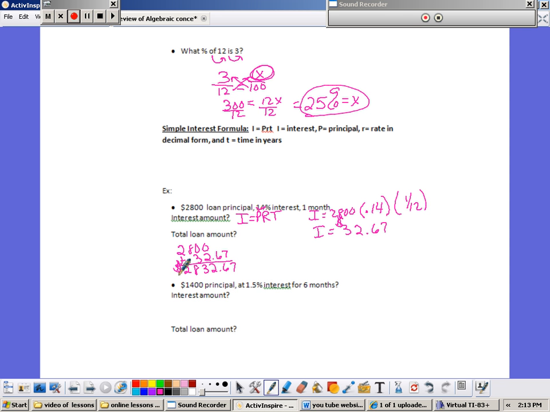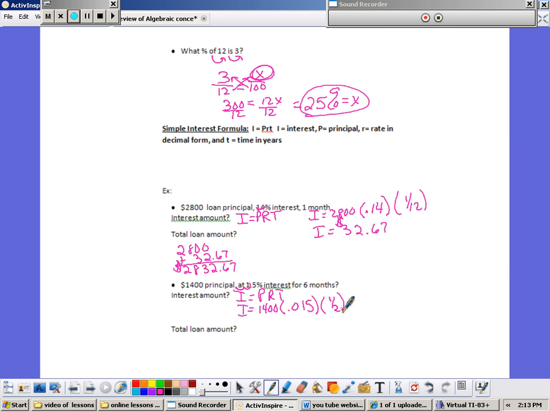The principal amount is $1,400 at 1.5% interest for 6 months. So I equals PRT. I is equal to 1,400. I know this looks like a decimal, but it's still a percent. I still have to move it over to 0.015. 6 months is 6/12 of a year, or 1/2.